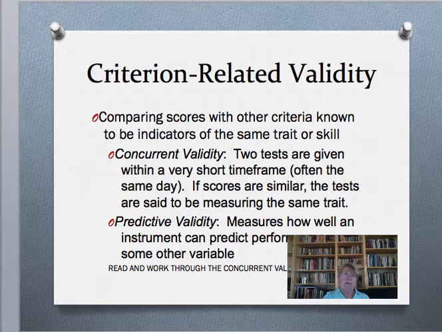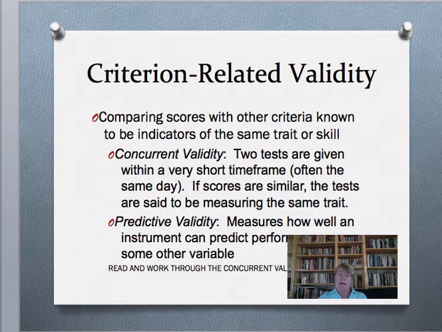But the issue with validity is that we don't expect the same level of correlations when we're looking at criterion-related validity. If I'm comparing test A with test B, which is a different test but supposedly measuring the same things, I'm not going to get as high a relationship as if I were comparing the same test to itself.